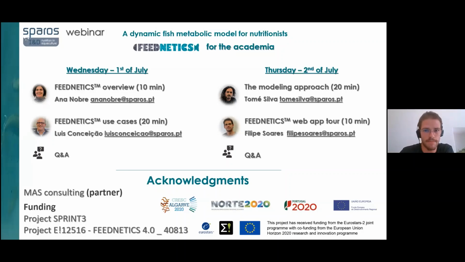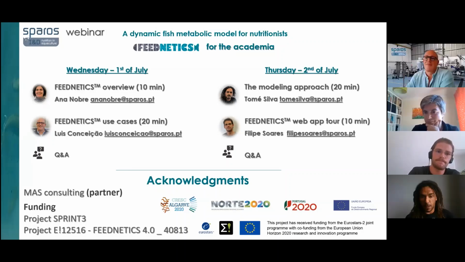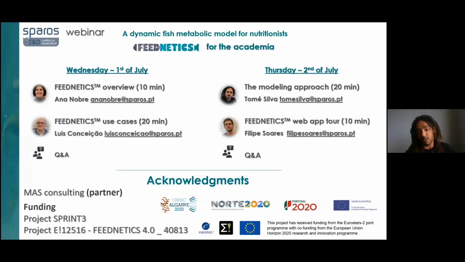Thank you, Tomé. The software has parameters that could account for strain-related differences, but imagine, for a given species, if it's different strains of seabass, we need to have data specific for each strain, and then we would have a calibration for a specific strain, and then another different calibration for a different strain.